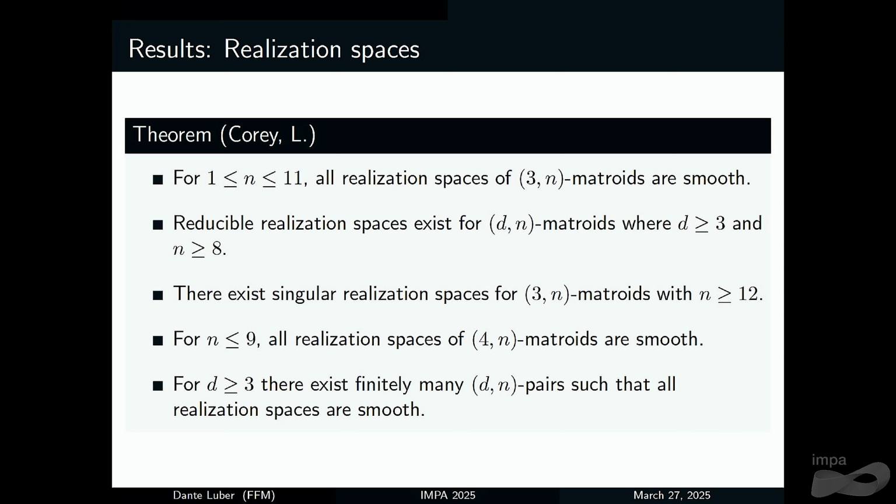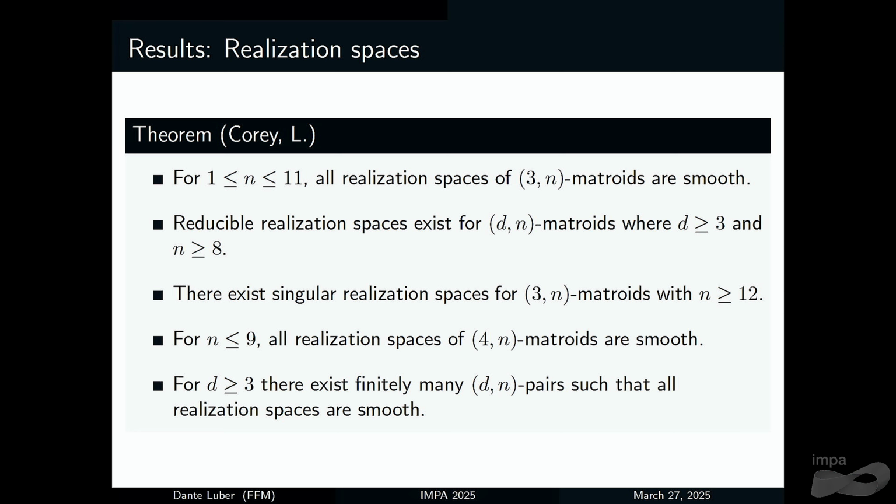And then we developed these techniques. Well, all right. There are these operations on matroids called principal extension and principal coextension. And it turns out that if you take a matroid with a singular realization space, take the principal extension or principal coextension, that gives you a matroid on either a bigger ground set or higher rank and bigger ground set. Compute the realization space of that.